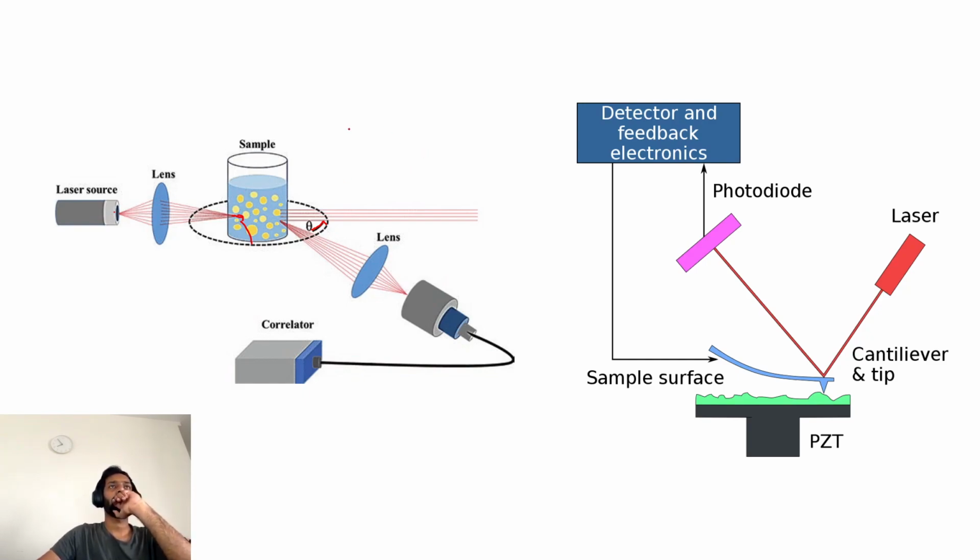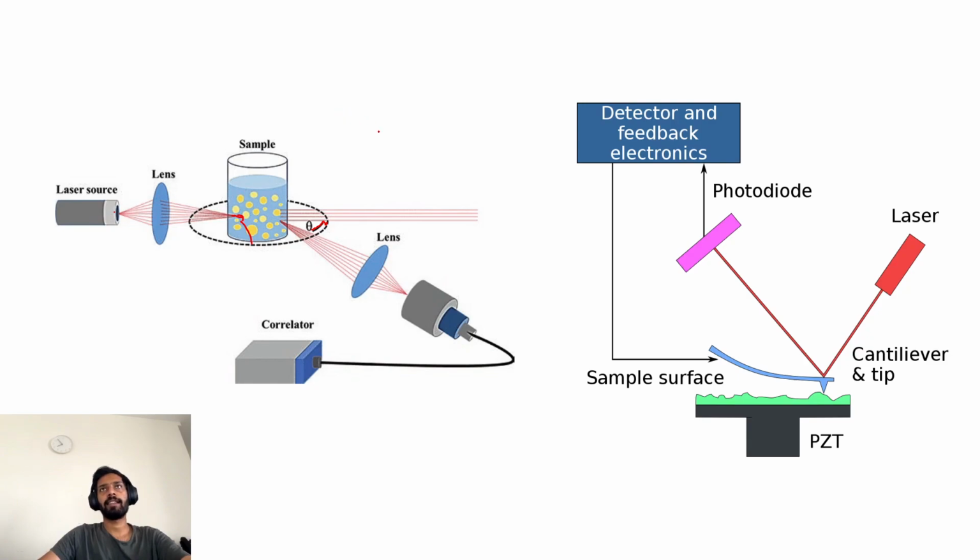If a particle is very small, the amount of deviation from the original path, theta, would be very low. But if a particle is big, the scattering will be very large. So you can record this theta, the angle of scattering for your particular sample, and then you can measure the size of the particle.